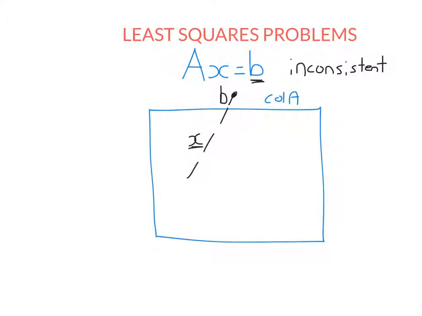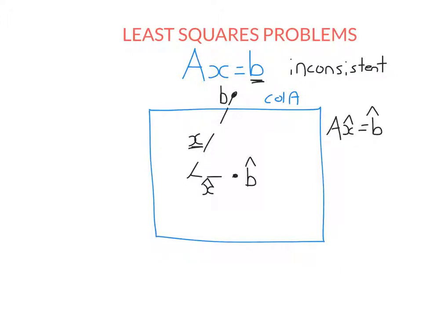Well, what we're basically doing is replacing B with another vector, say B hat, that is in the column space of A, because then I will be able to find a vector I'm going to call X hat such that A times X hat equals B hat. I know it sounds really weird, doesn't it? We're basically changing the system of equations we have slightly so that we can actually come up with a solution.